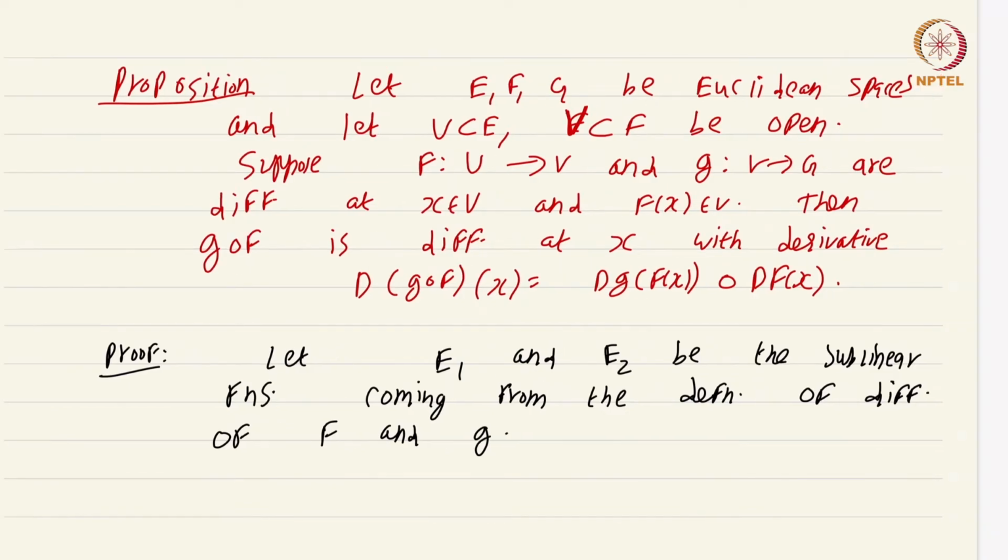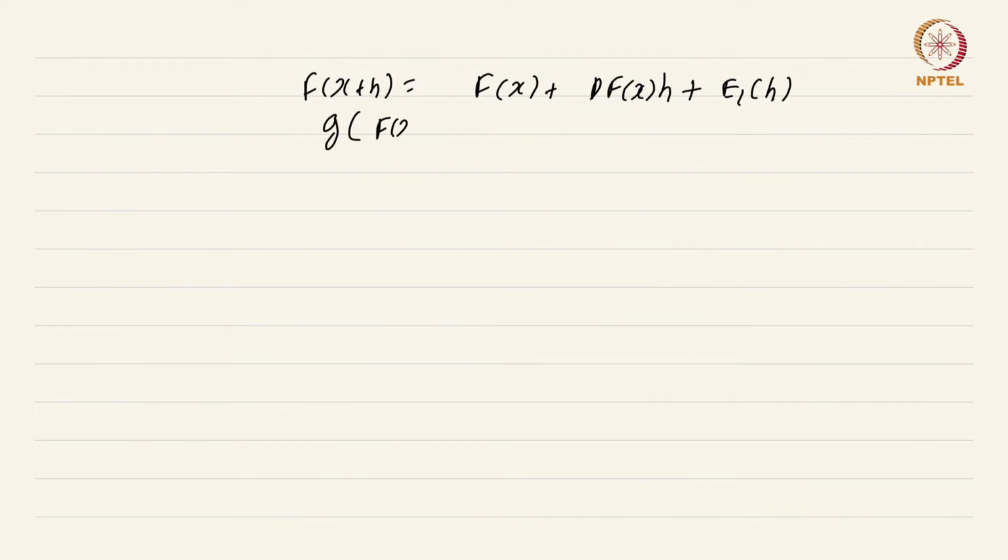Okay, so what this is essentially going to mean is that f(x+h) is f(x) plus df(x)h plus e1(h), and g(f(x)+k) is equal to g(f(x)) plus dg at f(x) acting on k plus e2(k).